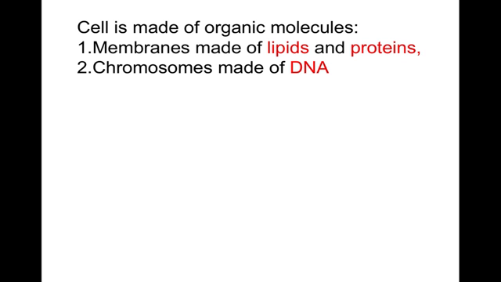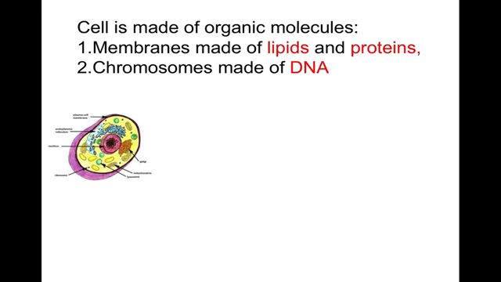So the living organisms' body parts are made of organic molecules, but we also contain inorganic molecules. The point I would like to convey here is that cells are made of organic molecules, and these organic molecules are divided into 4 categories. We are going to touch upon the categories a little later, but I wanted to show you this.